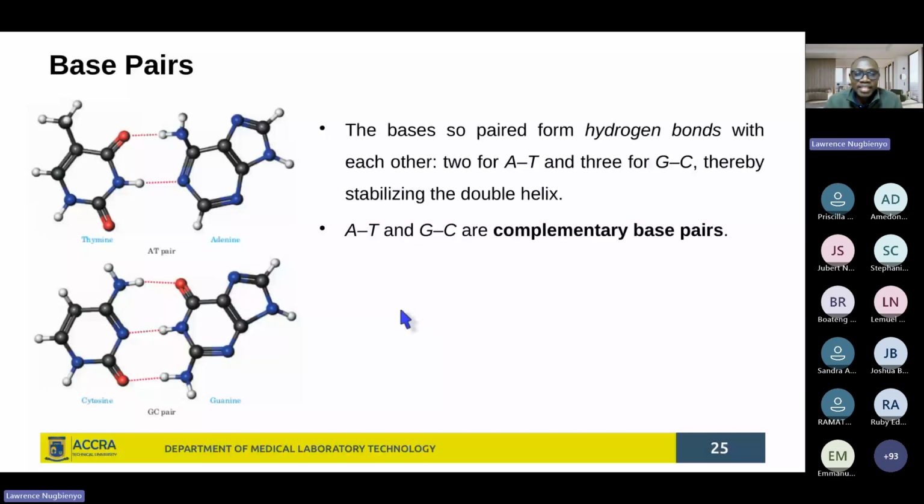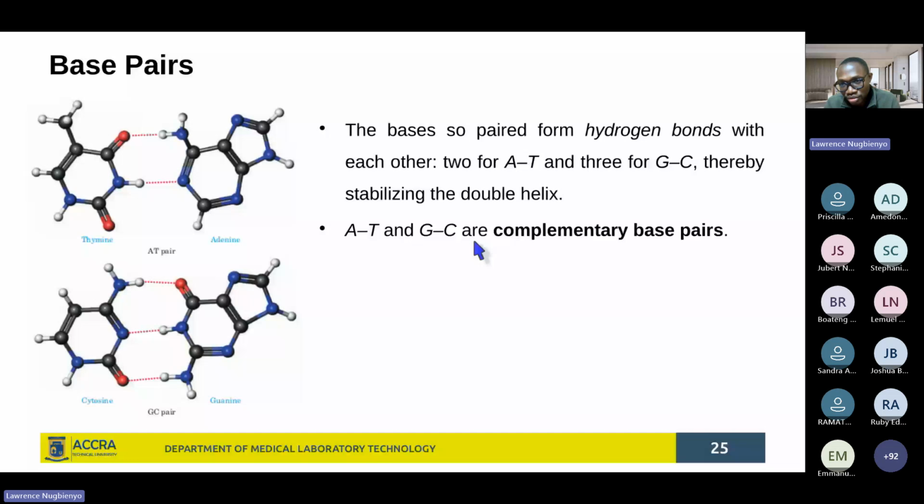We said the bond that existed between the nucleic acids in a strand was a phosphodiester bond. Now, when you have a double strand and you are having base pairing between these strands, what is the bond that will exist between the bases, between the strands? That bond is a hydrogen bond.